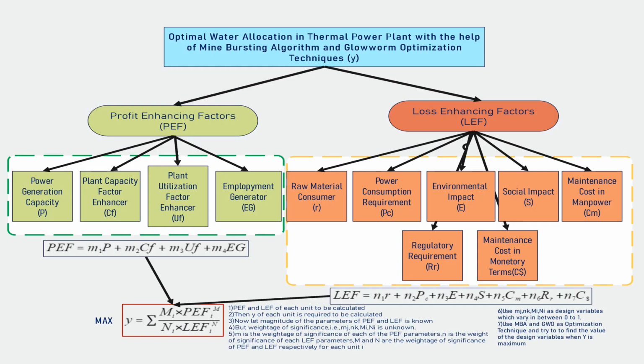Okay, so this is the flow chart of this problem. Our main objective is optimal water allocation in thermal power plant with the help of mine burst algorithm and glowworm optimization technique.